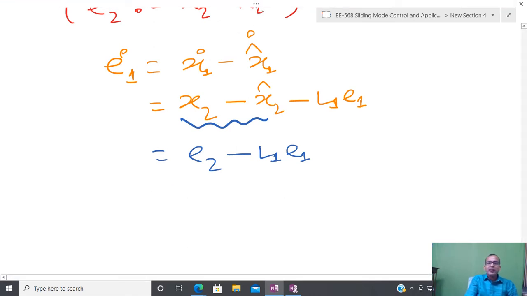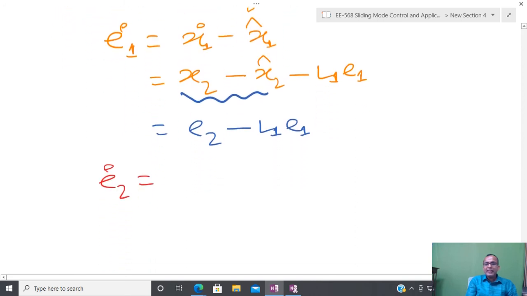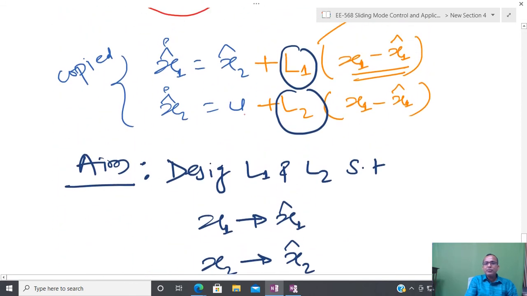Okay. If you do not have confusion, then now see the second term, E2 dot. I have defined E2 as x2 minus x2 cap. So now I have x2 dot minus x2 cap dot. x2 dot is u, and x2 cap dot, if you see carefully, is again u plus the correction term L2 into (x1 minus x1 cap), and x1 minus x1 cap is again E1.